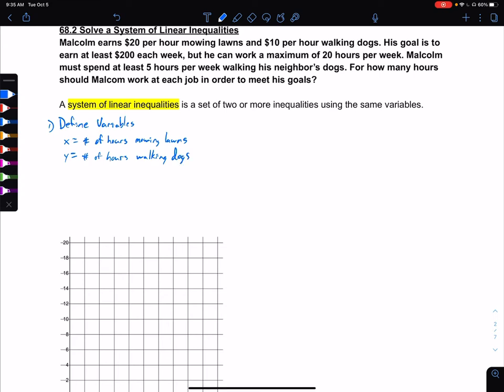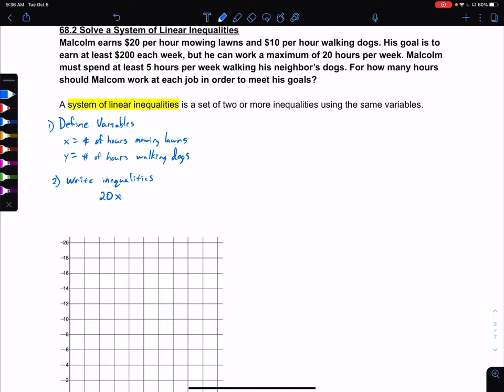And then using those variables, we can come up with some inequalities. So let's write inequalities as our second step. We know that Malcolm is making $20 per hour mowing lawns. So his profit for mowing lawns would be 20 times x, the number of hours that he works there.